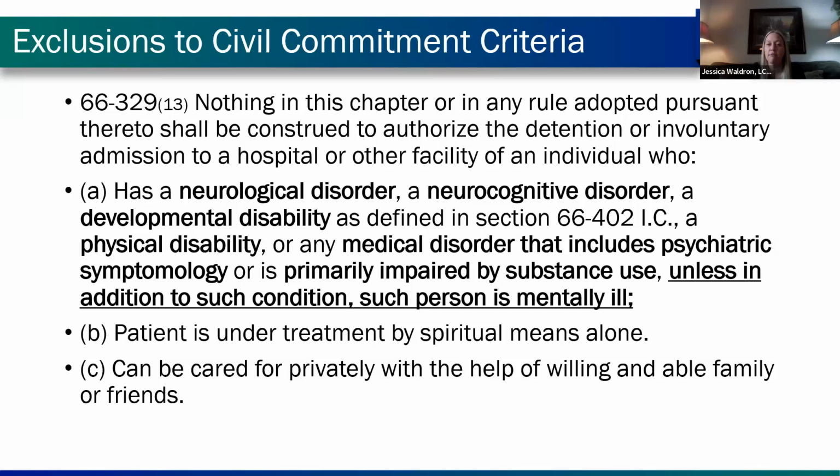Medical disorders that we often see are things like urinary tract infections, UTIs. A lot of times individuals that have pretty significant UTIs will show symptoms of psychosis. And luckily, those are things that get screened for when somebody goes through the emergency department and they get that medical clearance.